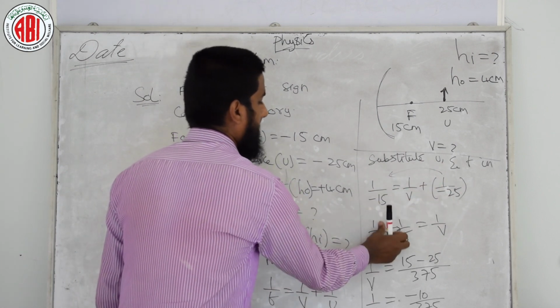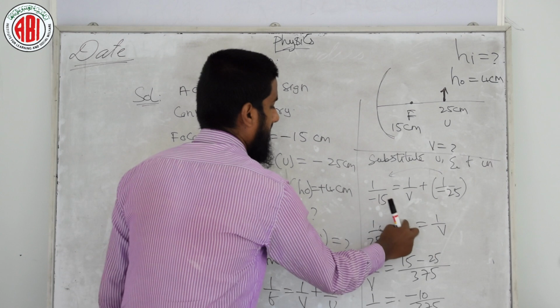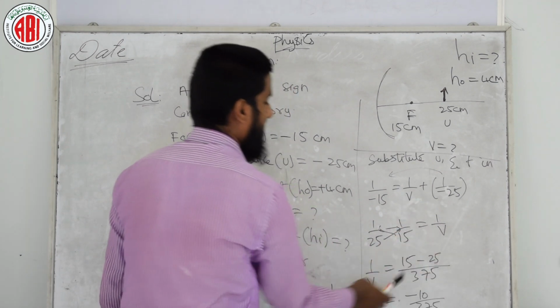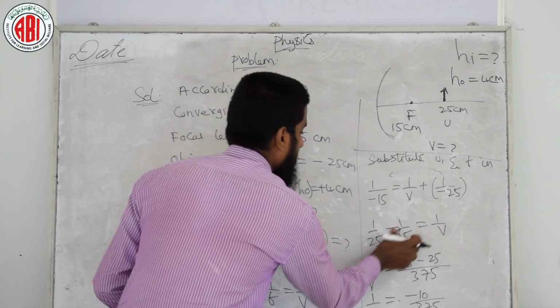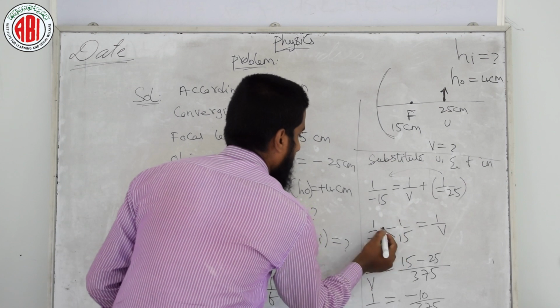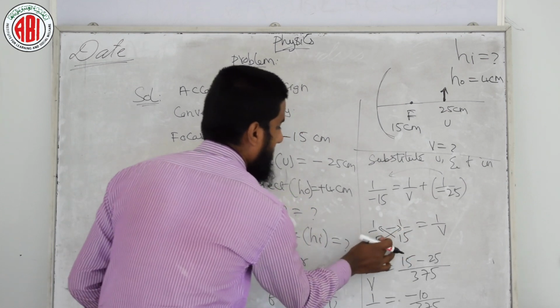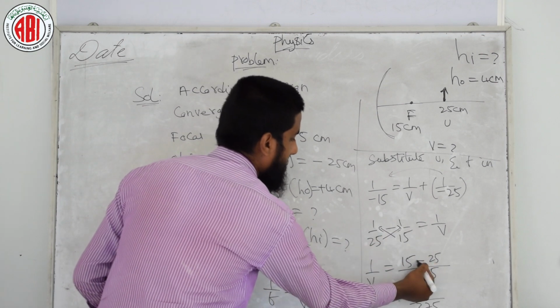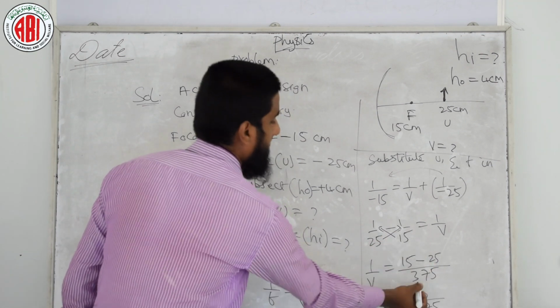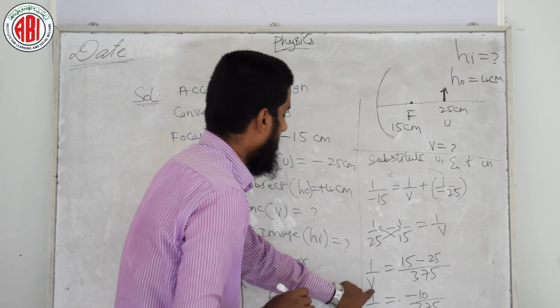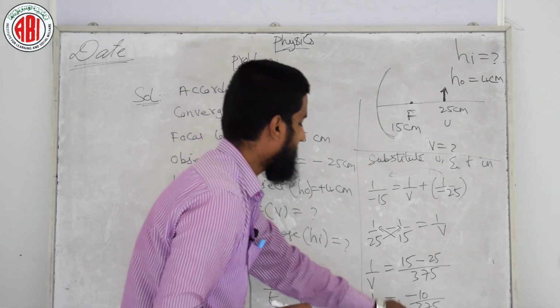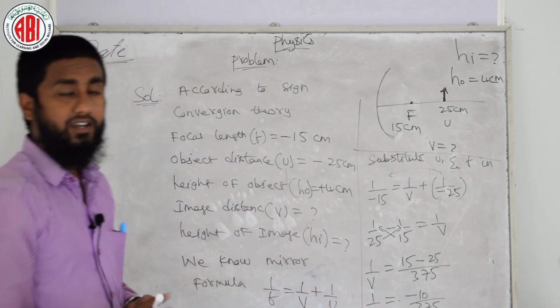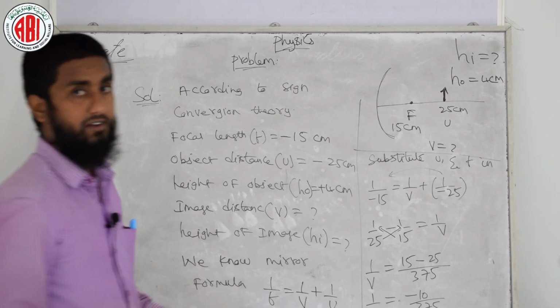After that minus 1 by 15 is equal to 1 by V. So I am cross multiplying. You can see the arrows once again. 25 into 15, 1 by 15, 25, 1 by 25. Minus is as it is, 25 into 15 is 375. So 1 by V is equal to minus 10 by 375. Copy down till here. We will continue after rubbing the board.